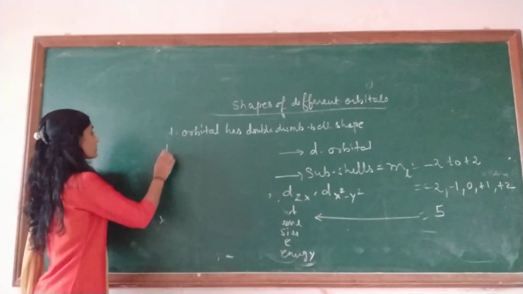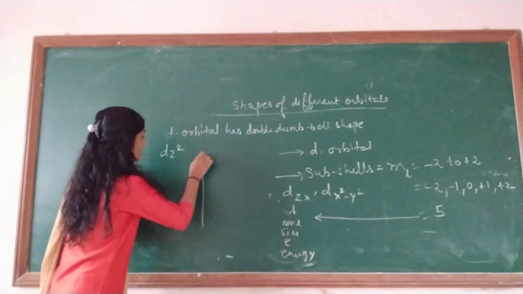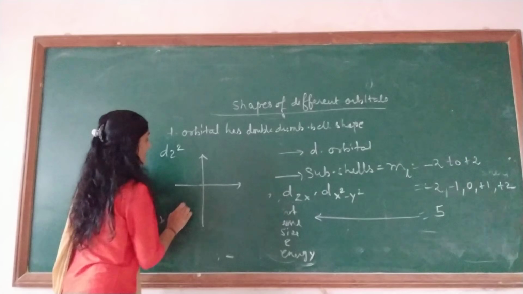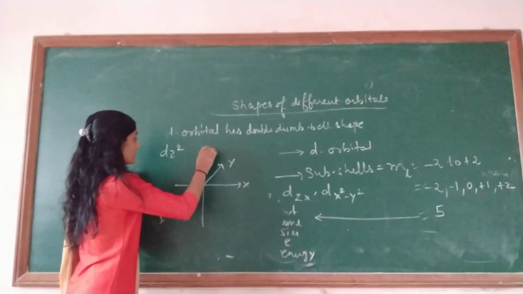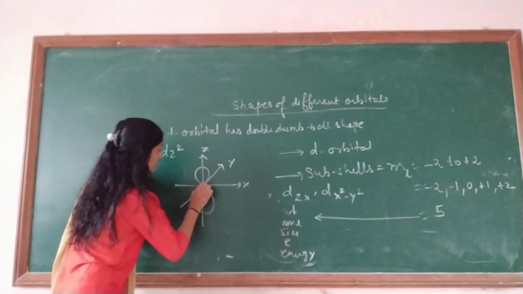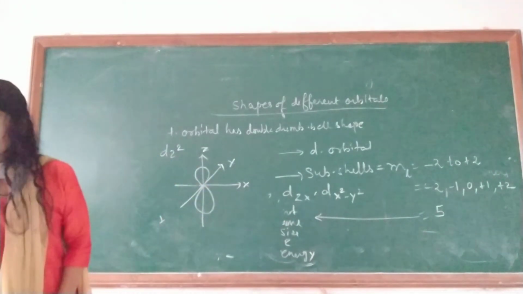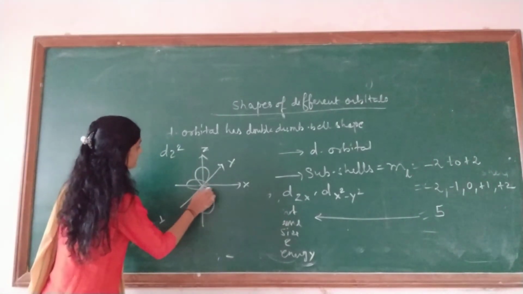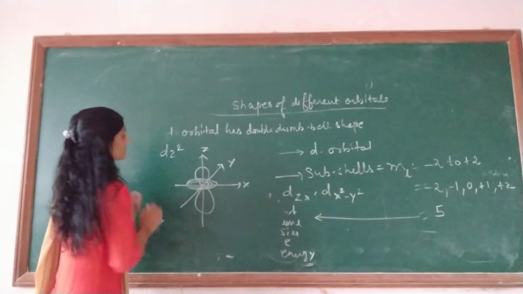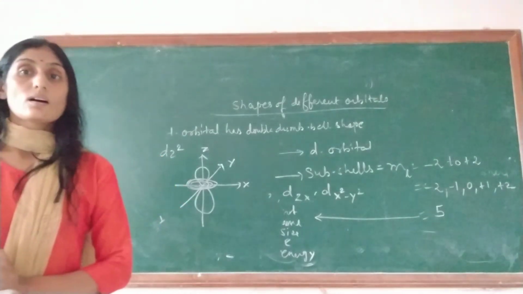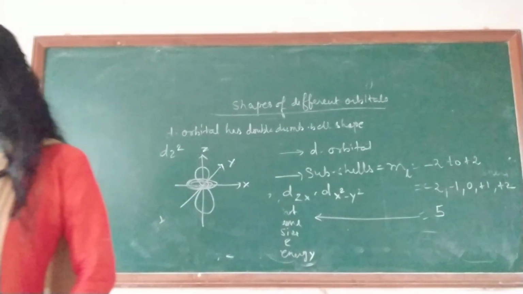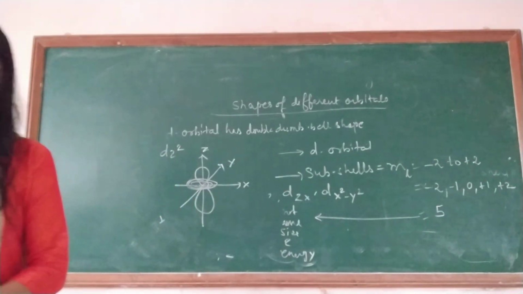So dz square is different because it does not have a dumbbell shape, double dumbbell shape. It contains a planar spherical shape in between the y and z axis. So that is for the dz square orbital.